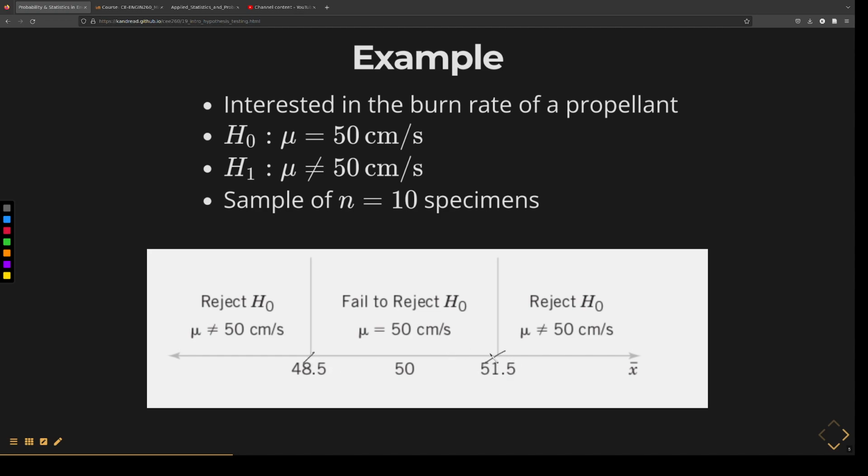So these critical bounds will set this region of failing to reject the null hypothesis here. So if our statistic actually falls inside this region, we're going to fail to reject the null hypothesis. So we can't really say whether the mean is actually not equal to 50.